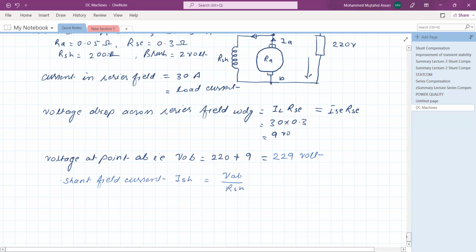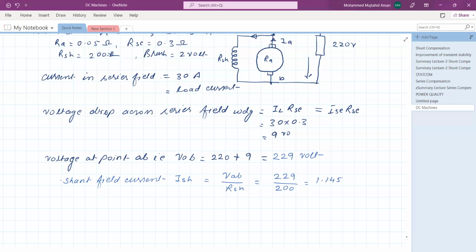It is clear from this diagram. So it is equal to 229 divided by 200 ohm, which is equal to 1.145 ampere.